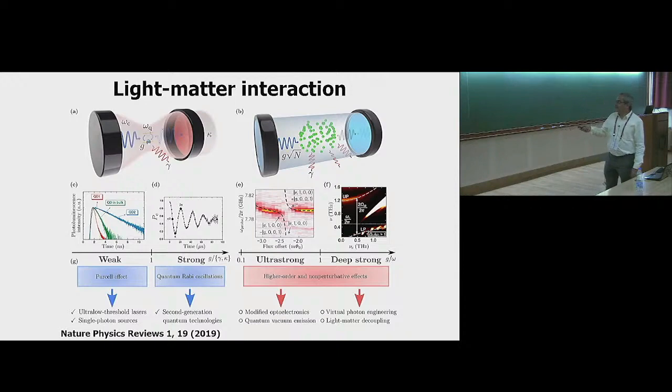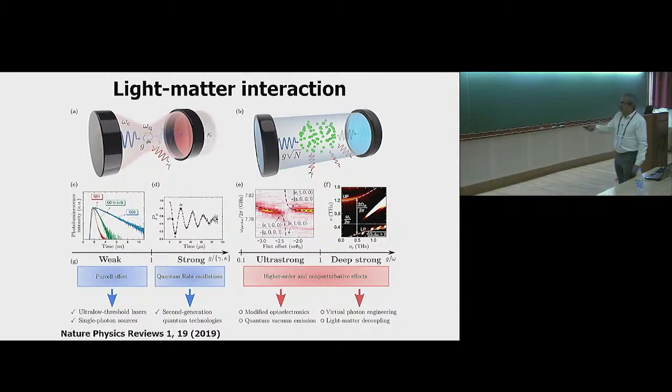However, if you want to go to these ultra-strong or deep strong coupling regimes, you need a cavity, but instead of having a very high quality factor, so that the cavity photon lifetime tau is very, very long and the cross section of interaction increases, people now look at having a large density of these dipole emitters or atoms inside. So the coupling constant now will not be just g, but g times the square root of n, where n is the number of dipoles inside the cavity, right?